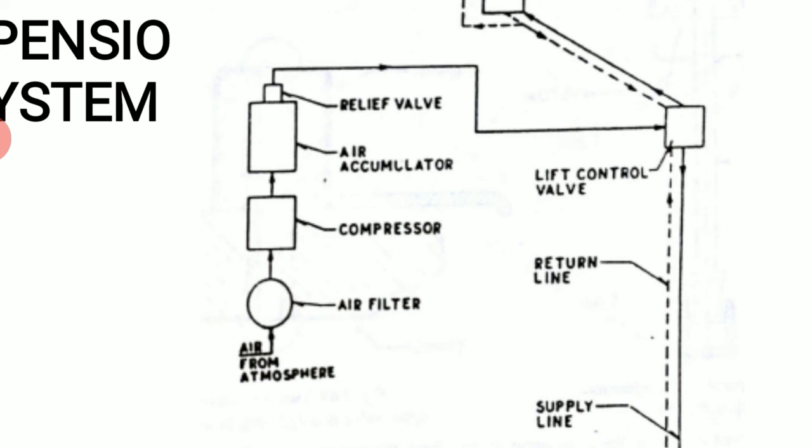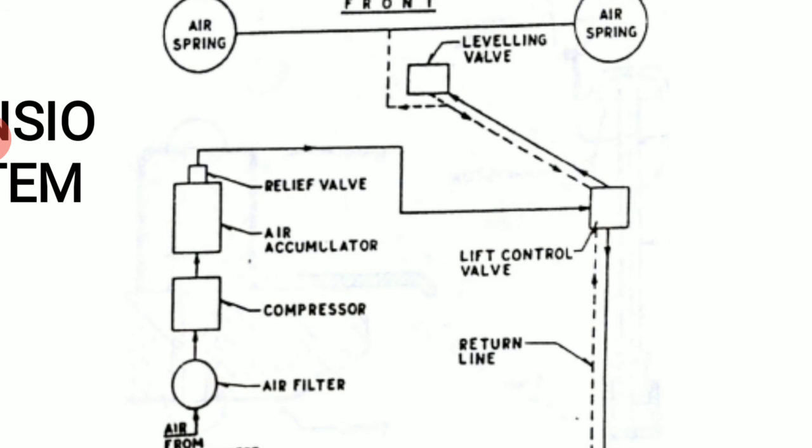So air enters through the air filter, and the compressor raises its pressure. It will be in kg per mm square, and air at this pressure is accumulated in the accumulator. The relief valve in the accumulator tank acts as a safety valve.